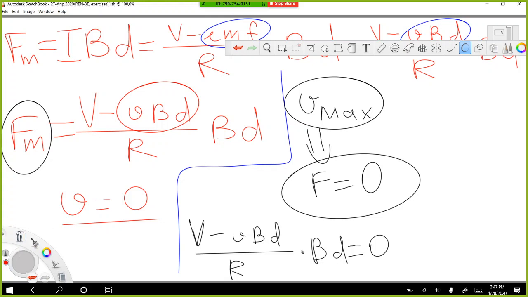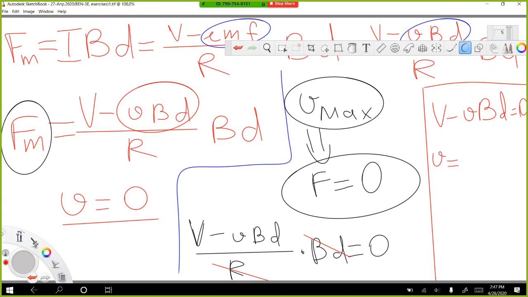And this simplifies, and we have V minus velocity B D equal to 0, and velocity will be equal to voltage over B multiplied by D, which will be 80 meters per second.